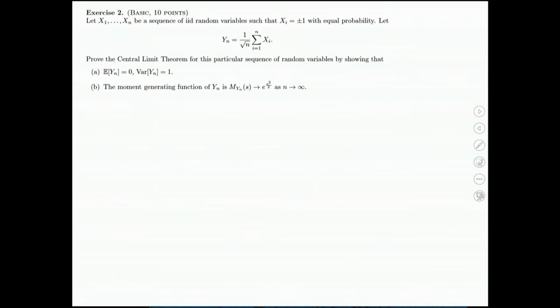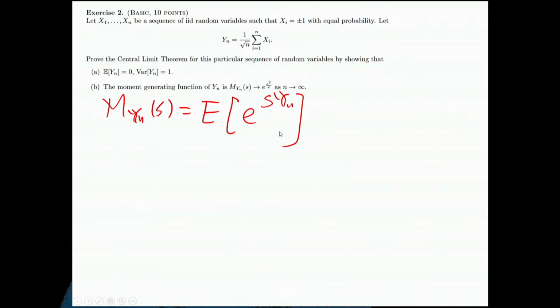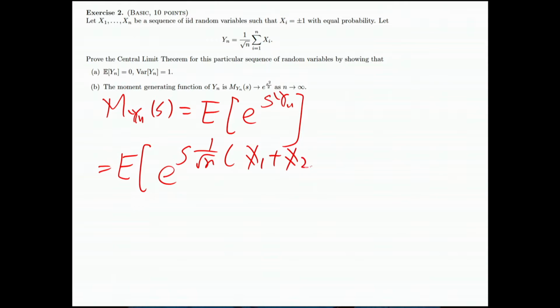Now find the moment generating function of yn. It's the expectation of exponential s yn. And now this is x1 plus x2 plus up to xn. They are IID, independent, so I can put the multiplication outside.